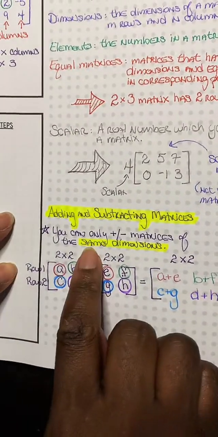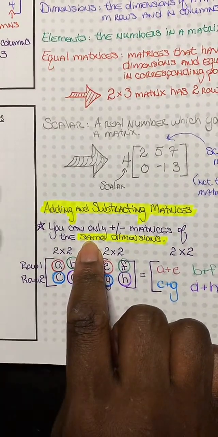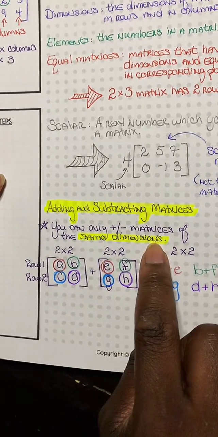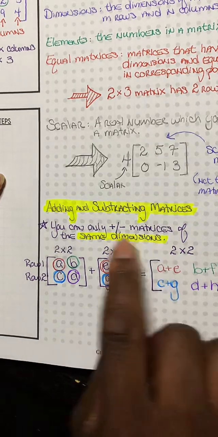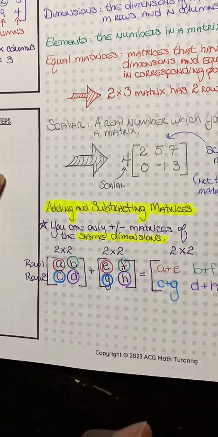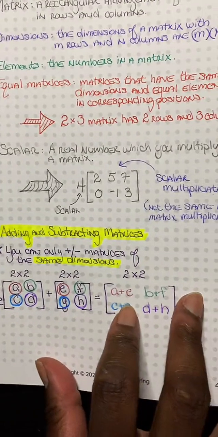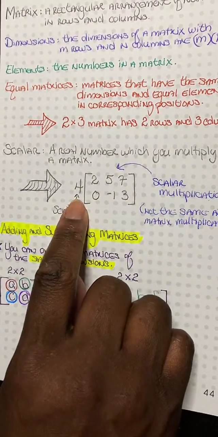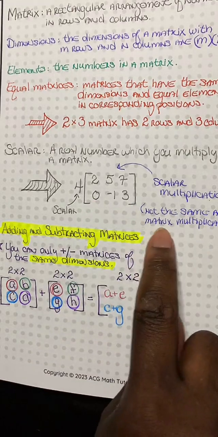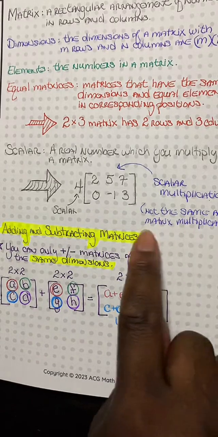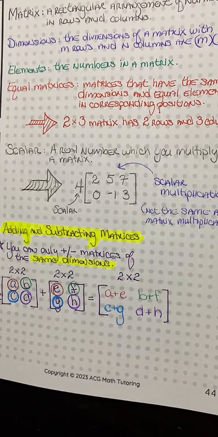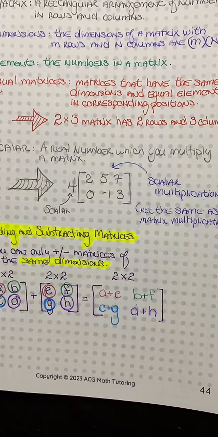You can only add and subtract matrices that have the same dimensions. Okay, they have to have the same dimensions when you're adding and subtracting. Multiplying, there's a little thing that you have to do. But if you're doing scalar multiplication like this one, multiplying the 4 to everything inside the matrix, that's not the same as matrix multiplication. Okay, it's a little more detailed. And we're actually going to do matrix multiplication tomorrow.